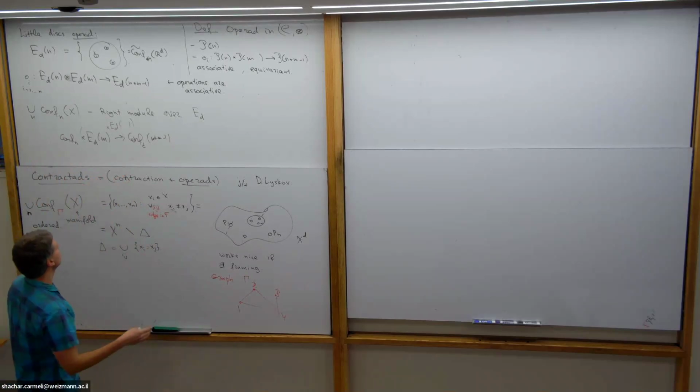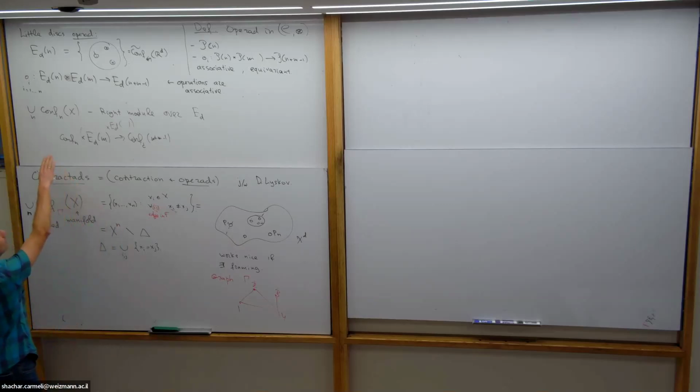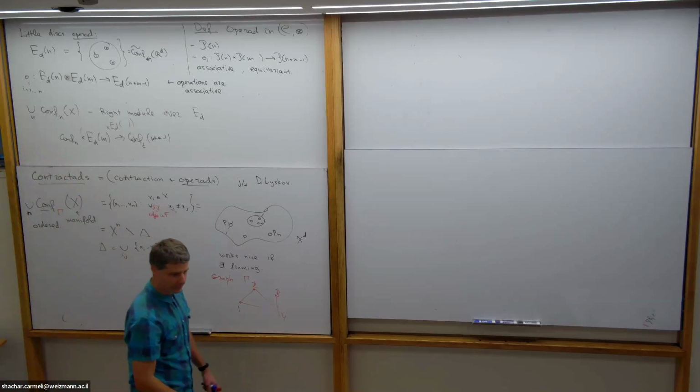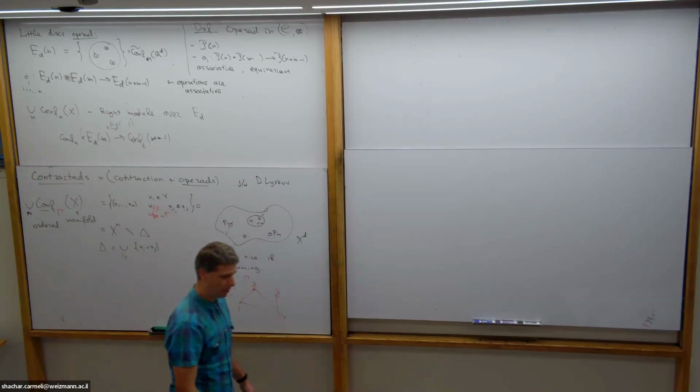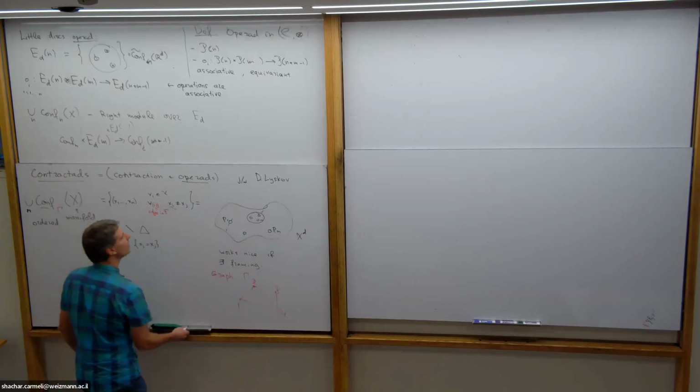What is known is that it should depend on the rational homotopy type of X. Also, it should depend on the rational homotopy type of this little disk operator, of this data coming from that story. And the statement is that that's it.